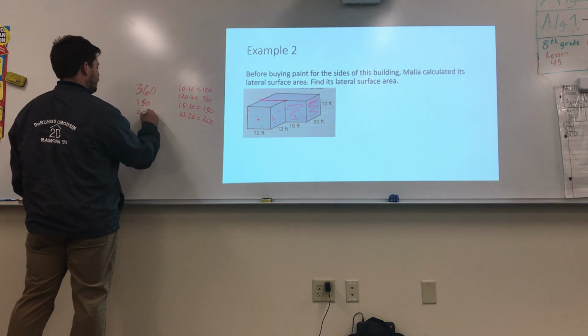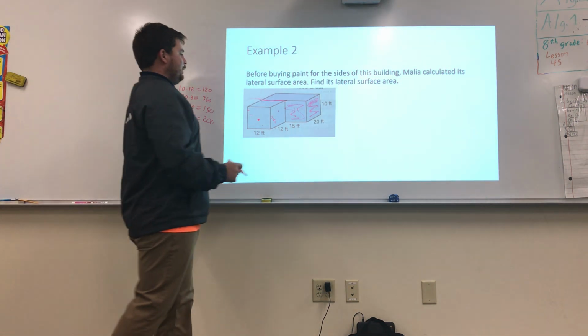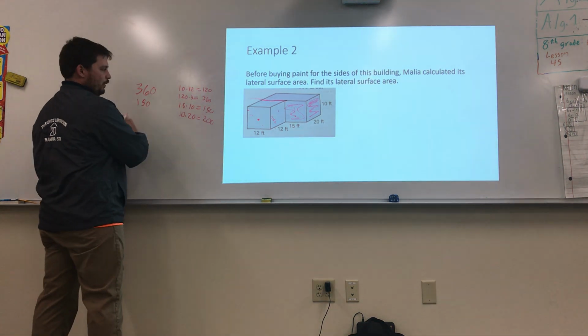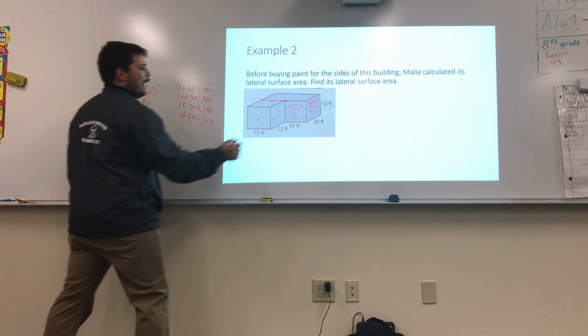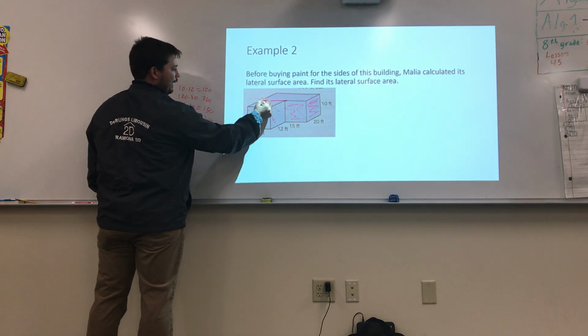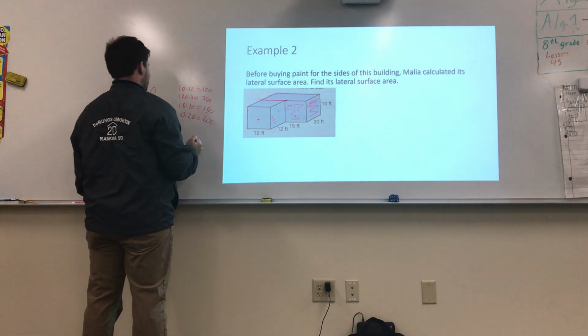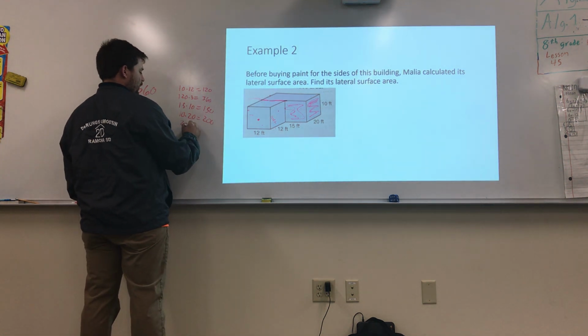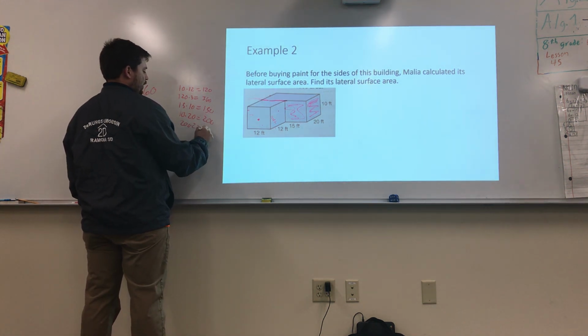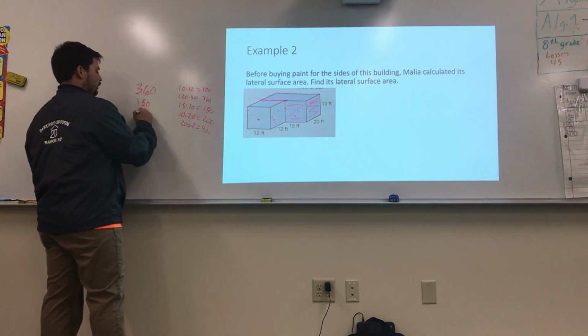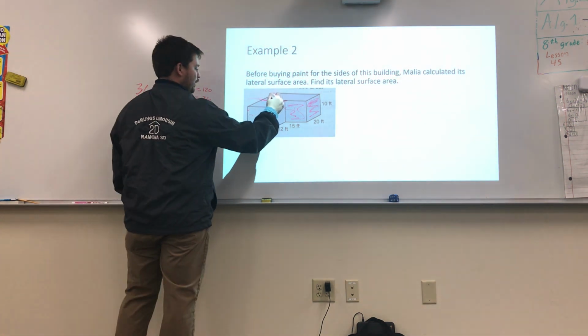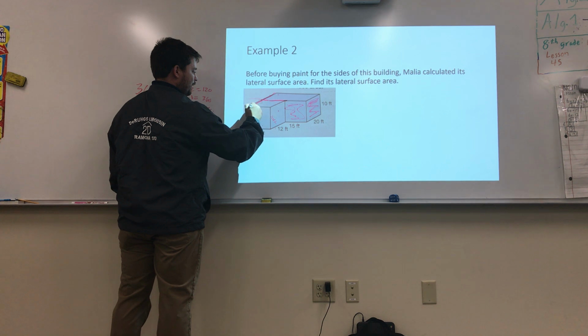So I have 200 to add here. Now, I cut this back in half, so this is going to be the same as this. Realistically, I can take 200 times 2 and get 400. So 400 here. Now I have this whole backside done.